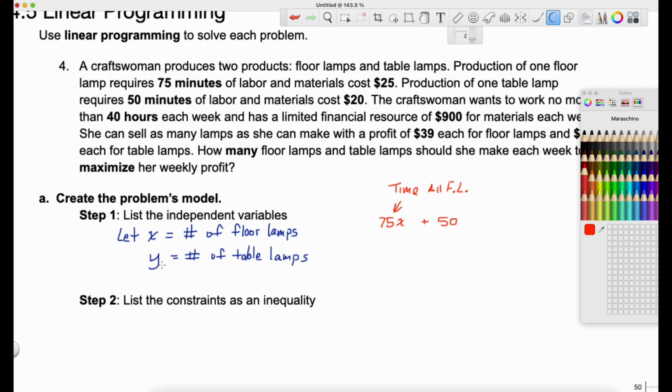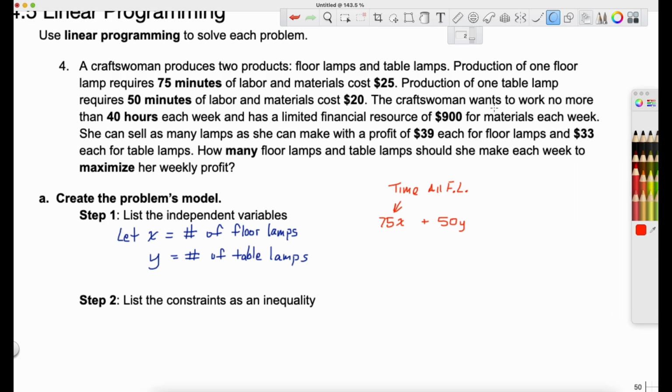So for instance, if we had 2 table lamps, it would take 100 minutes. So does she have a limit on the amount of time that she could work? She does. She can't work more than 40 hours. So we're going to say less than or equal to 40.